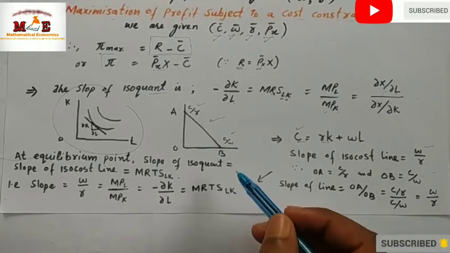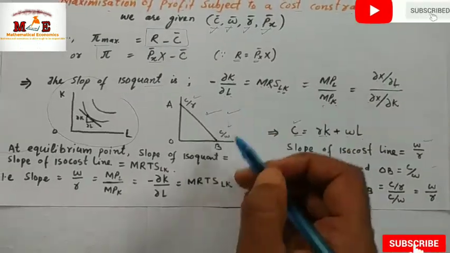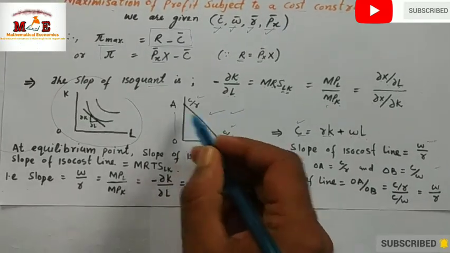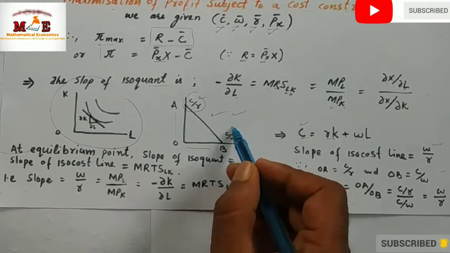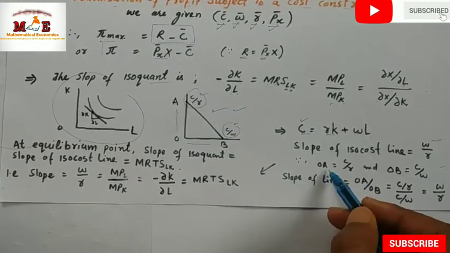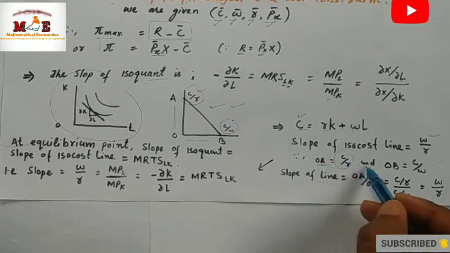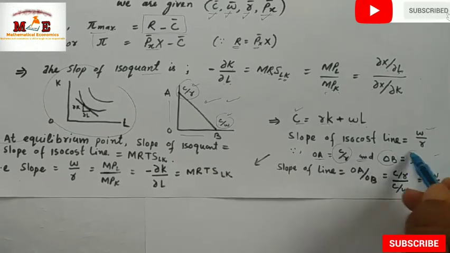Because we know in this figure that OA equals C by R and OB equals C by W, as written here.